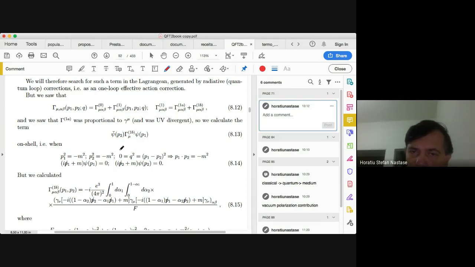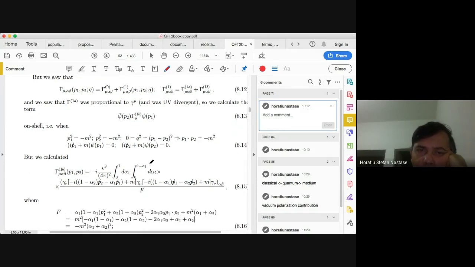It's supposed to be 0 on shell, which in turn means, together with this, that P1 dot P2 is minus m squared. And on shell also means to use the Dirac equation, i p-slash plus m, for both psi of P1 and for psi of P2.